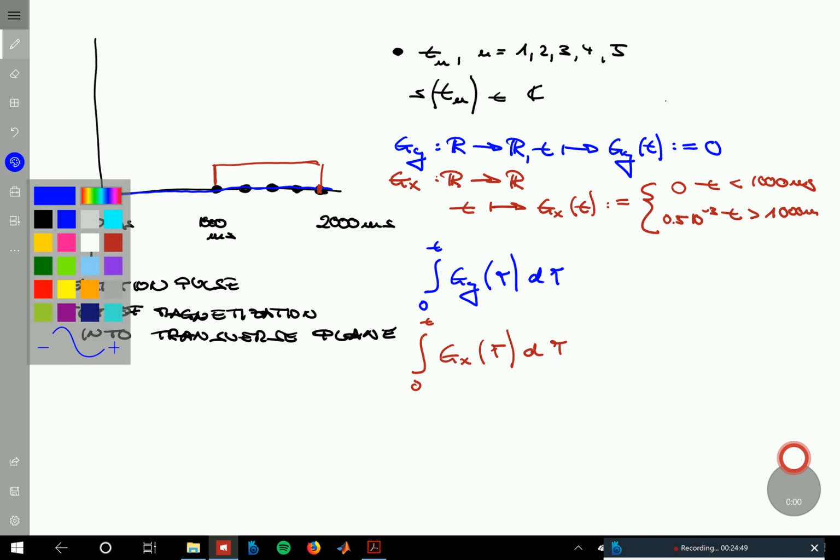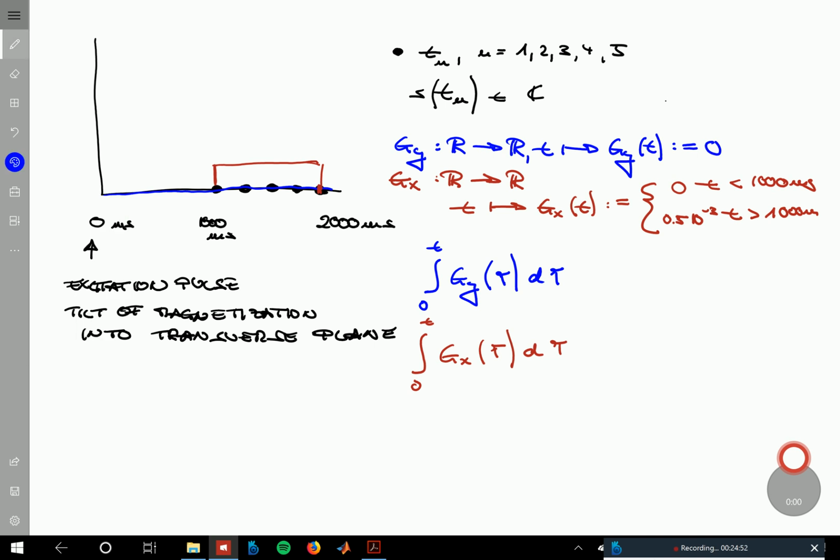So if I plot the integral of gy over time, as a function of the upper integral boundary, what do I get in this example for gy? Again, what is an integral in terms of a definite integral? It's 0, because it's the area between the function and the x-axis, and right now the gy stays at 0 all the time, so the area is also 0.